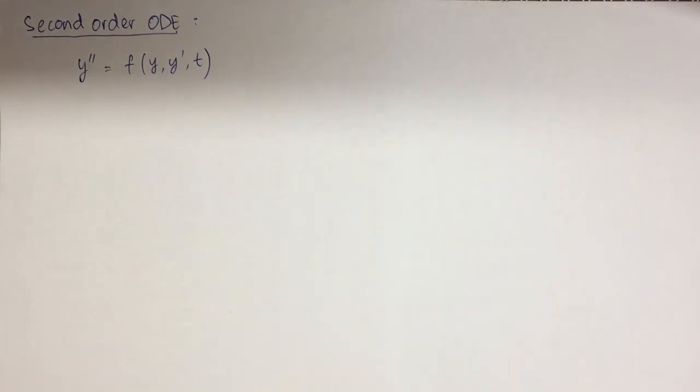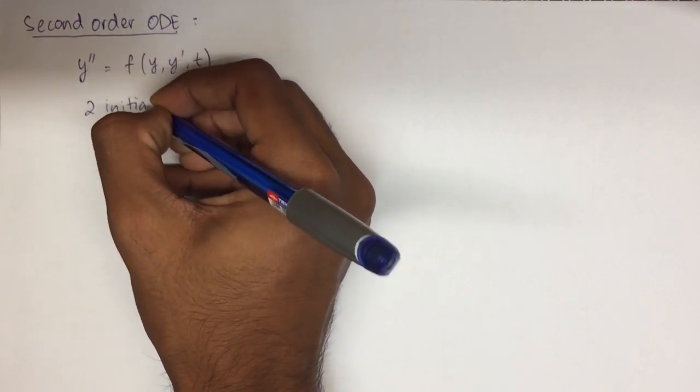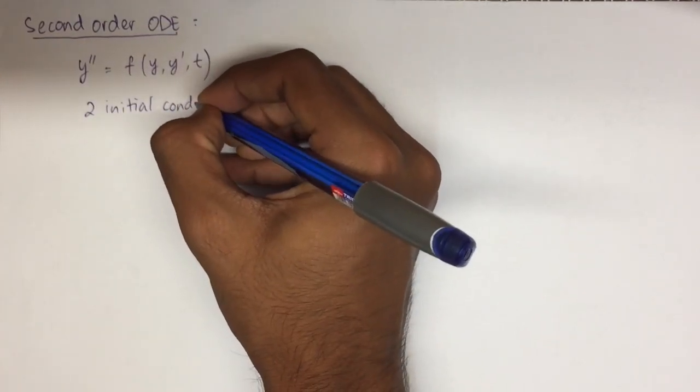When we extend our analysis to second order differential equations, we still can't solve through one initial condition. In first order differential equations, one initial condition was enough, but over here that's not possible. We need 2 initial conditions, which is something different from what we had last time.